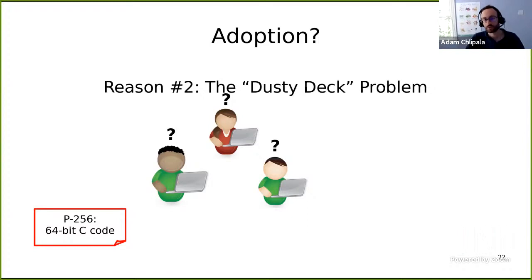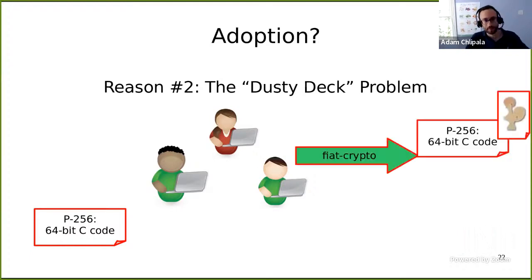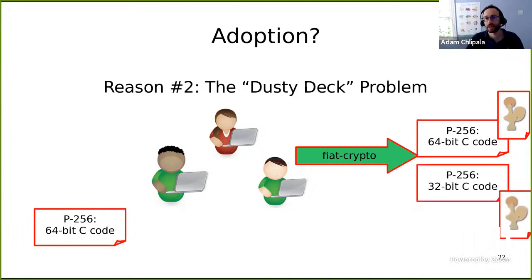None of the current team members really understood it very well. So they decided, let's dump that and instead start generating a version with Fiat Cryptography, which at least we know is correct. Oh, and while we're at it, we never even had a 32-bit version before. We'll just pass a different command line argument and we'll get the 32-bit version. So this is a really good quality of life improvement for a team of developers who has to maintain this kind of code.